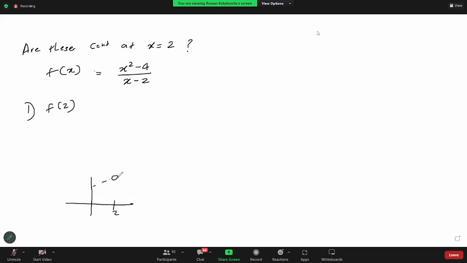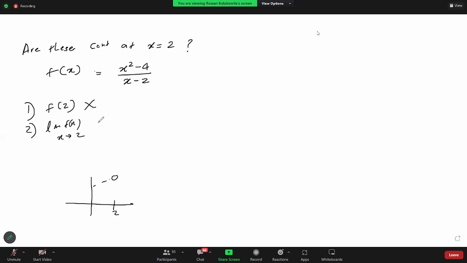Then, is f(2) defined or not? No, not defined, right? So the first statement fails. Anyway, let's check the second one. Can you find the limit of f(x) when x approaches 2? Yes.